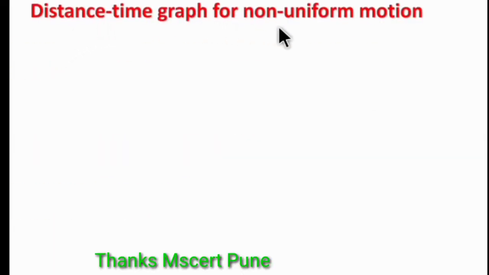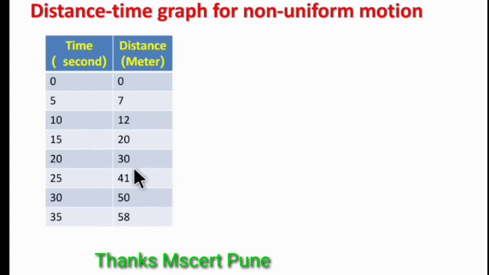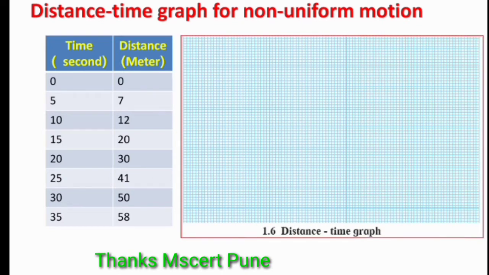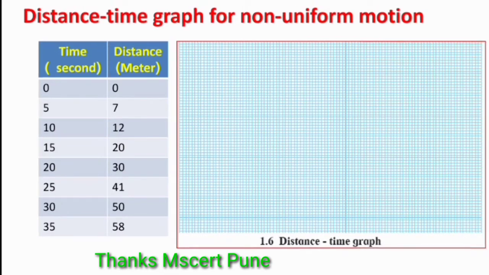Distance time graph for non-uniform motion. The following table shows the distance covered by a bus in equal time intervals. Draw a graph of distance against time, taking the time on x-axis and distance on y-axis, as shown in the figure. Does the graph show direct proportion between the distance and time?